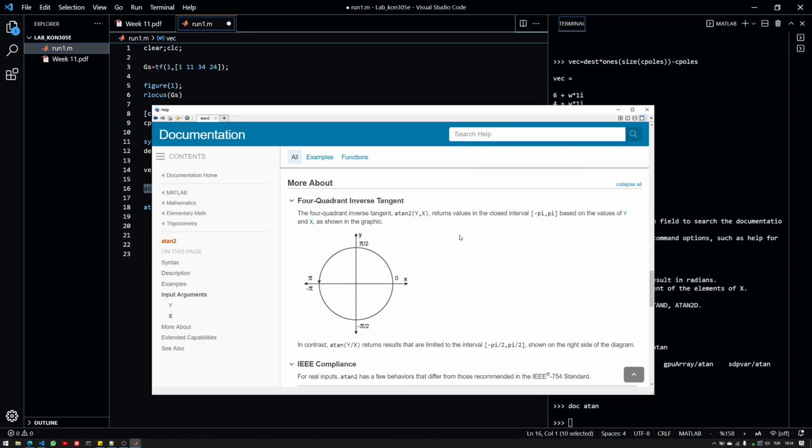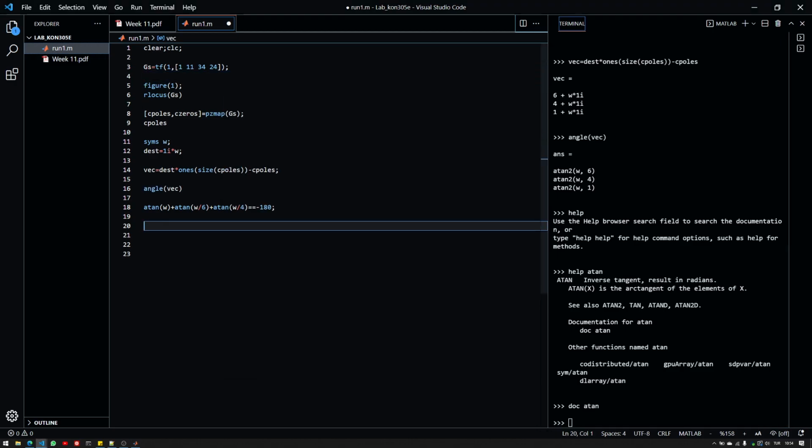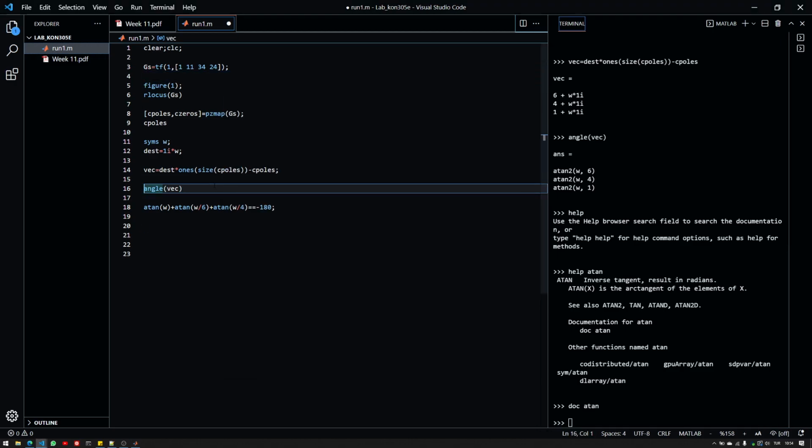So basically, that's the only difference. If you use a tan, you will be in this half circle here somehow, and if you use a tan 2, it is a 4 quadrant inverse tangent. So if you have a calculator, you will just use a tan. So we have that, and the only thing that is left is I'm looking for the sum here, which should generate basically this one.